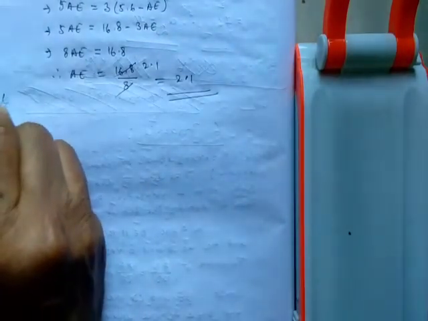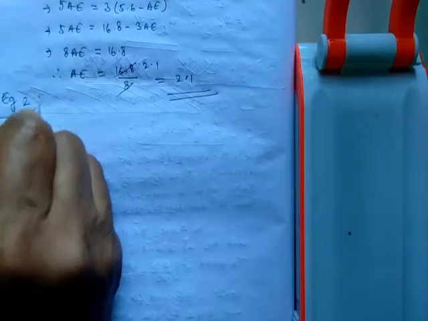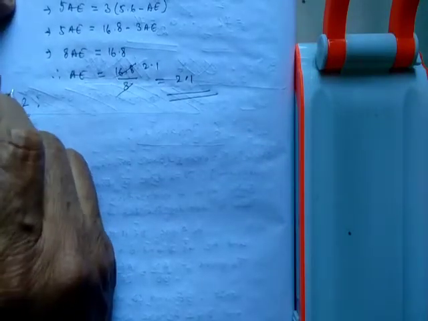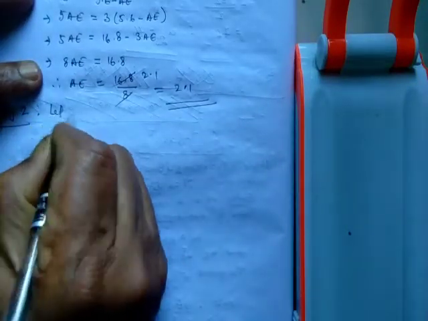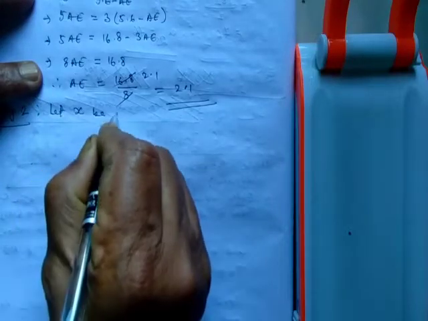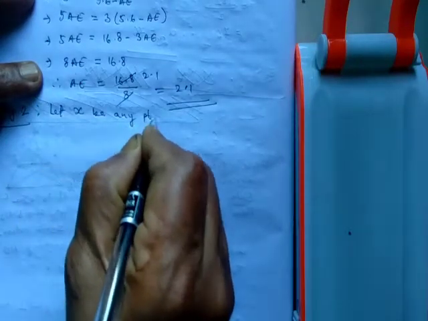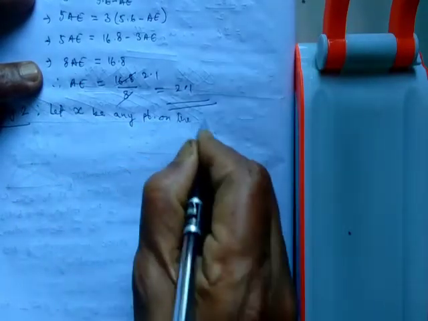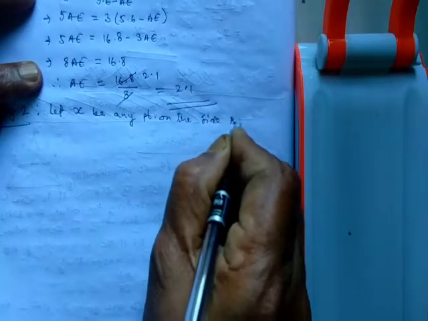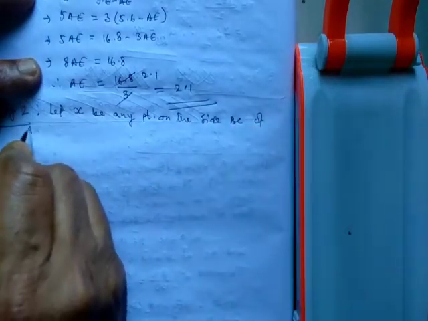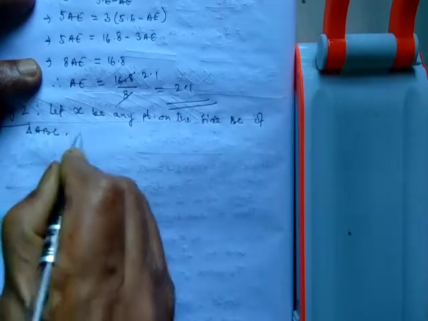Next example, example number 2. Let X be any point on the side BC of triangle ABC.